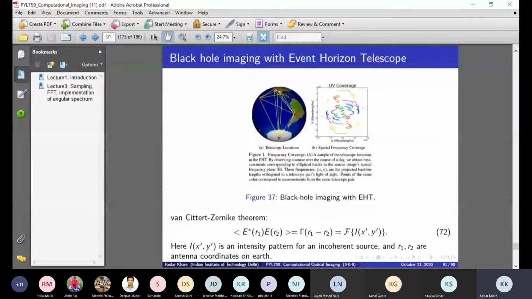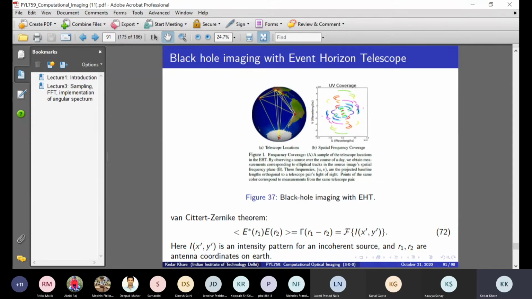Yes, sir. It is a large array of radio antennas, which is spread over several kilometers. The Event Horizon Telescope is essentially the same, but even more ambitious, in that the antennas are spread over different continents. So there are 1, 2, 3, 4, 5, 6 antennas.